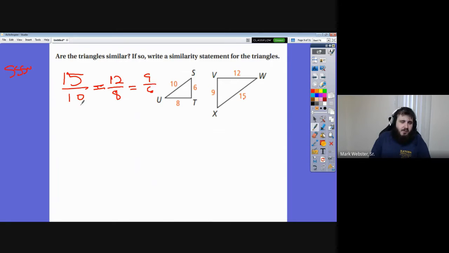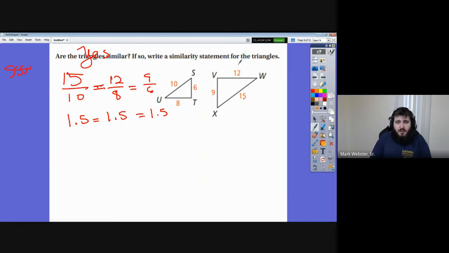I need to make sure that these match. 15 over 10, well, that's 1.5. 12 over 8, also 1.5. 9 divided by 6, also 1.5. Hey, they match. Great. So, are they similar? Yes.